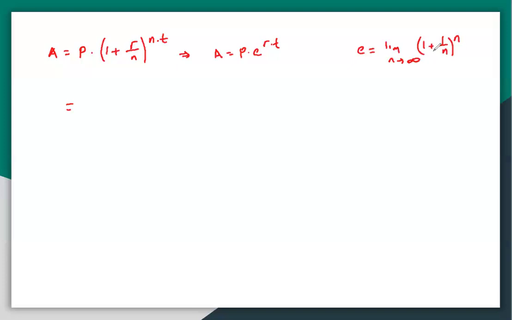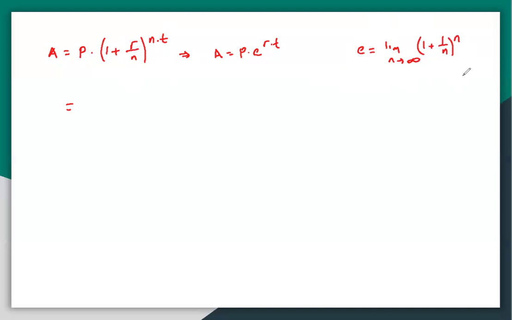If you plug in N equals 1, 10, 100,000, whatever, which we've done a bit before, this gets close to approximately 2.71, and we call that E. So that's how we get that in the first place.